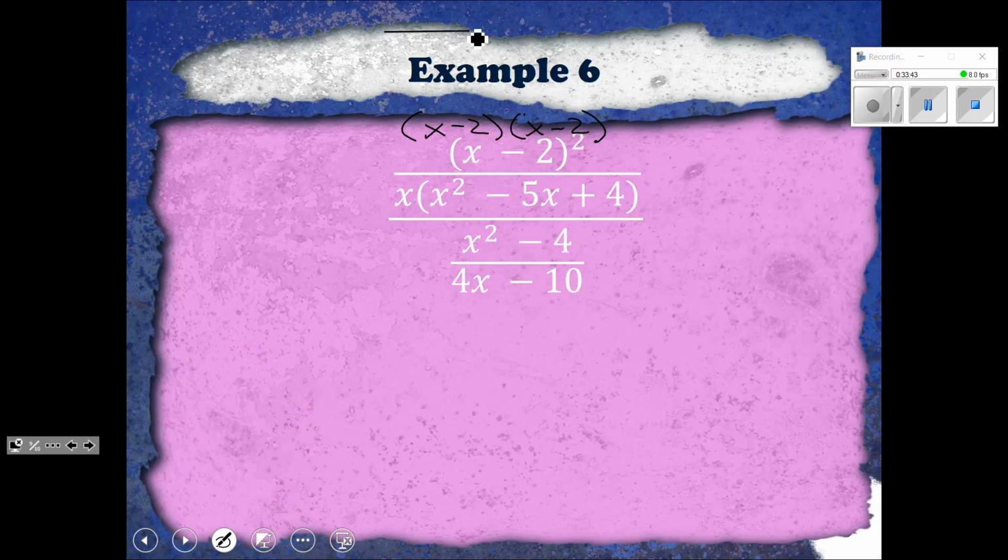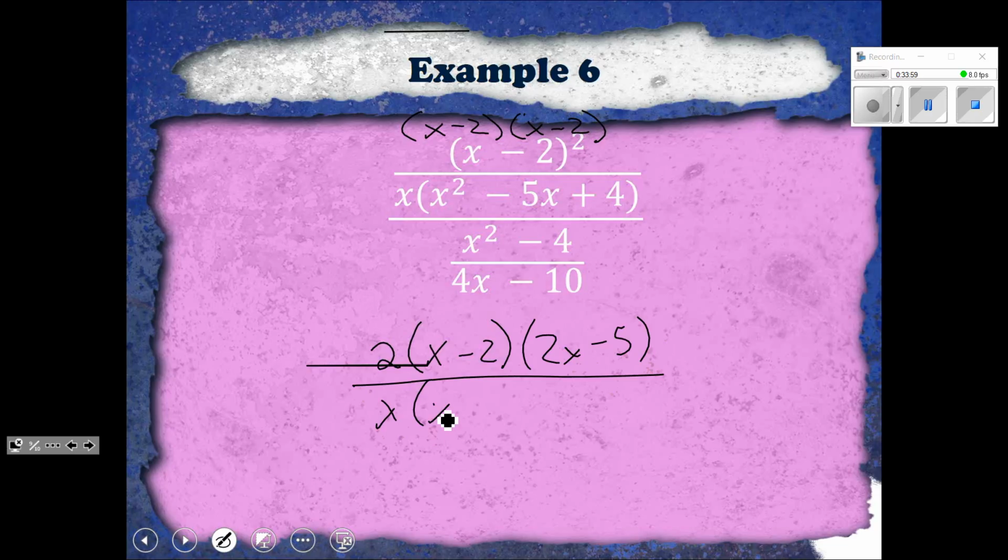One person did method 1, the other person did method 2, but if you're doing this at home, you should have ended up finally with 2 times quantity of x minus 2 times quantity of 2x minus 5 divided by x times quantity of x minus 4 times quantity of x minus 1 times quantity of x plus 2, and your excluded values: x cannot equal 0, 4, 1, and you've got to put the negative 2 in there. Make sure you do the excluded values before you cancel, okay?